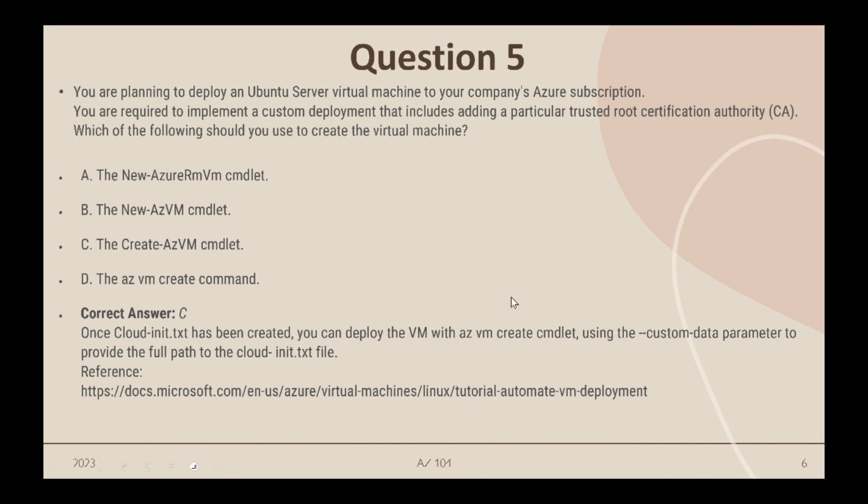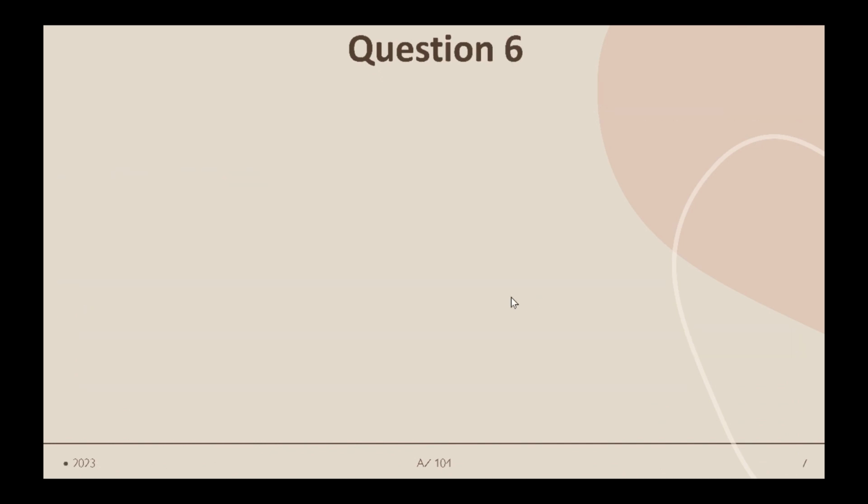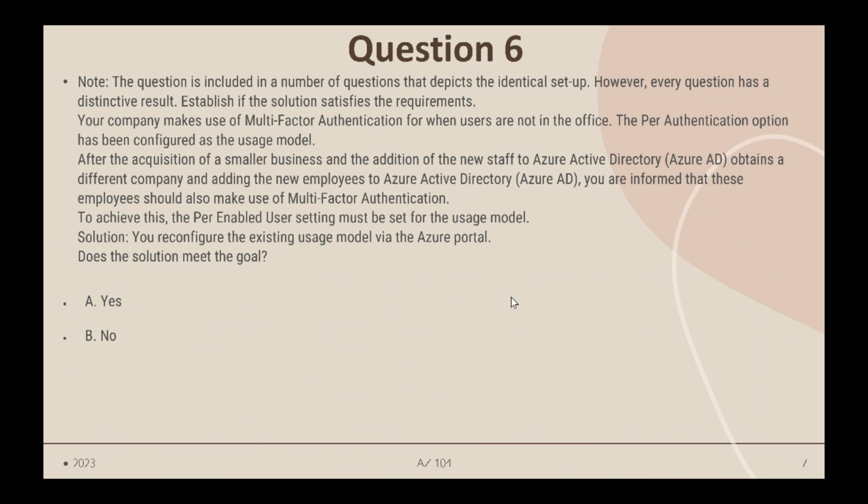Now let's look into the next question, question number 6. It says that again this question is included in a number of questions that depict the identical setup. However, every question has a distinctive result. Establish if the solution satisfies the requirement. Your company uses multi-factor authentication for when users are not in the office. So users are required to log in through MFA when they are not in the office.